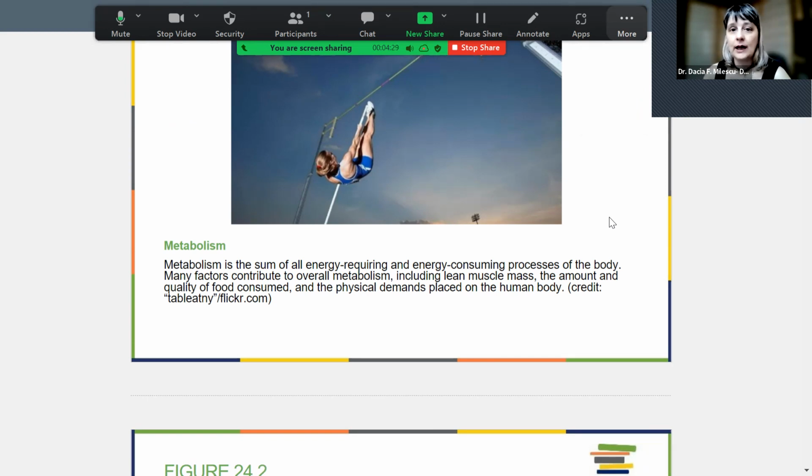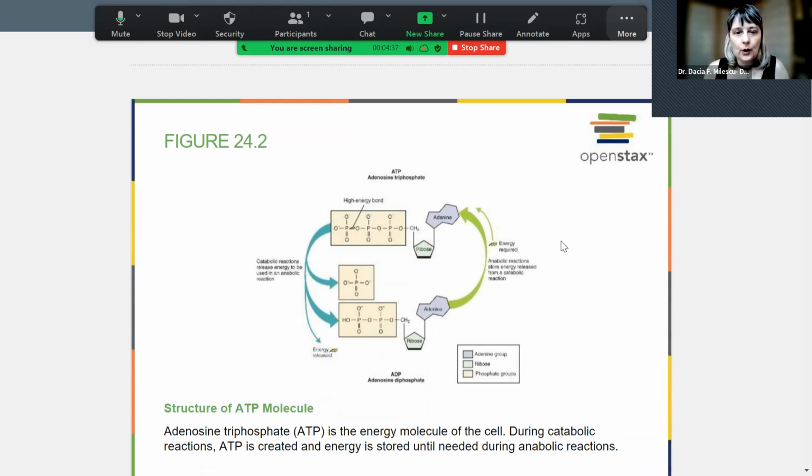Our lean muscle mass is going to use the contents of that food in the form of energy. At the molecular level, even at the cellular level, the smallest unit would be adenosine triphosphate, or ATP. ATP is a very small molecule, although there are actually much larger molecules than this one. Adenosine triphosphate is the energy molecule for a particular cell.